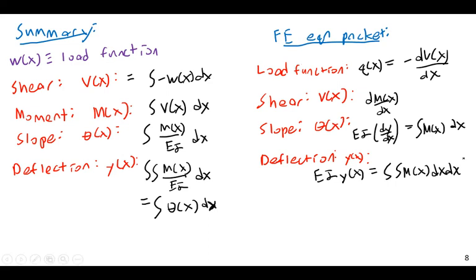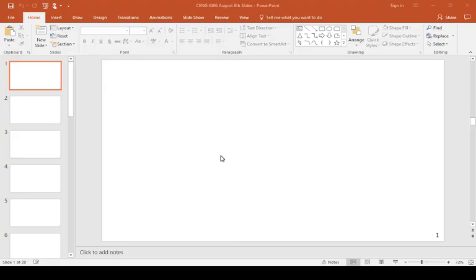Double integral with respect to x. Alright, and that will do it. That is the full and complete derivation for the slope and deflection equation. So, the next part of the lecture we will look at actually applying this, and that is what we will continue on after the break.